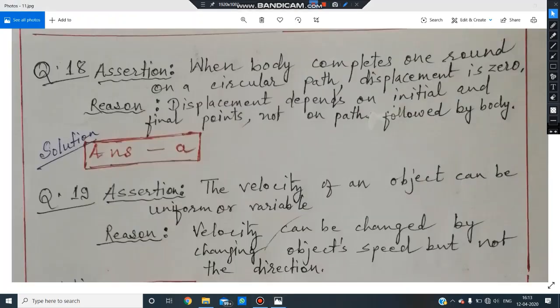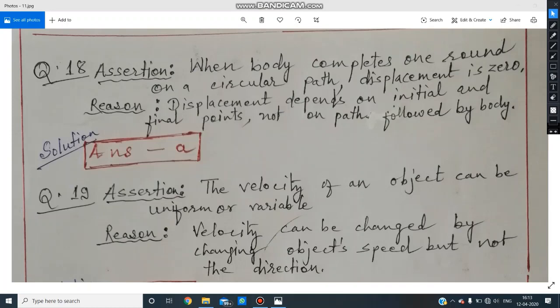Let's have a look over the next sample question in reason assertion category. Assertion statement: when body completes one round on a circular path, displacement is zero. The reason statement: displacement depends on initial and final points, not on path followed by the body.